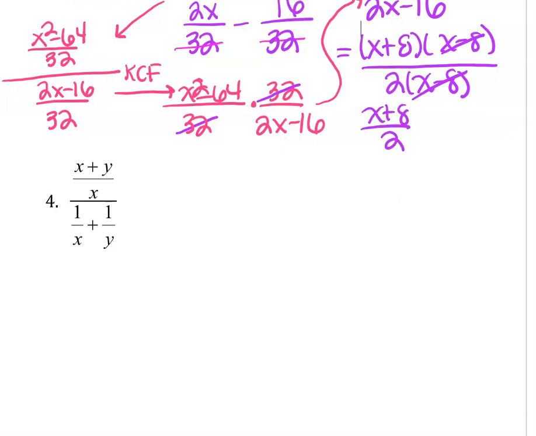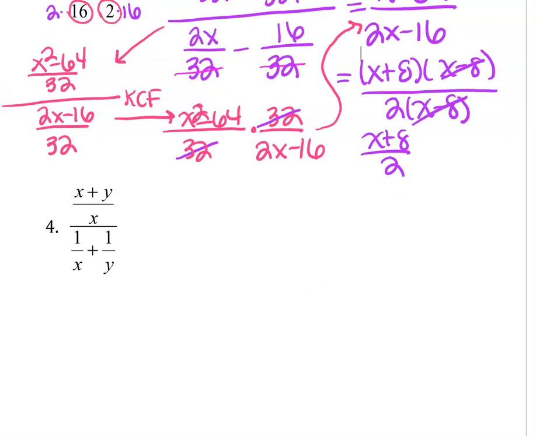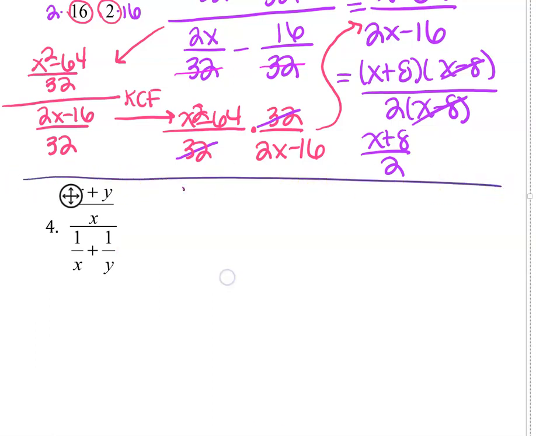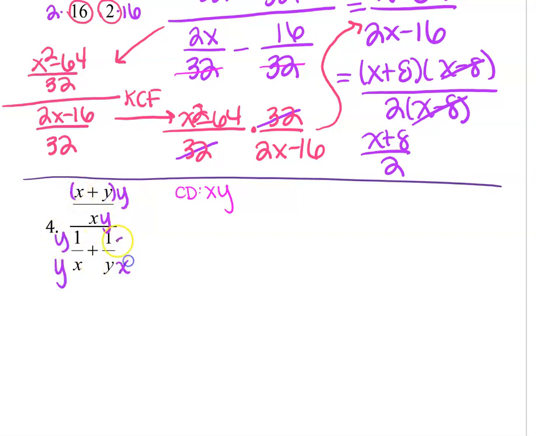So like if I look at number 4, I would look at my denominators of x, x, and y and decide that a common denominator among all of them would be xy. So that means that he needs a y, keep in mind it's times binomial, he would need a y, he would need an x. So by doing this, I have all my denominators the same. So at this step, you can actually cross those out.